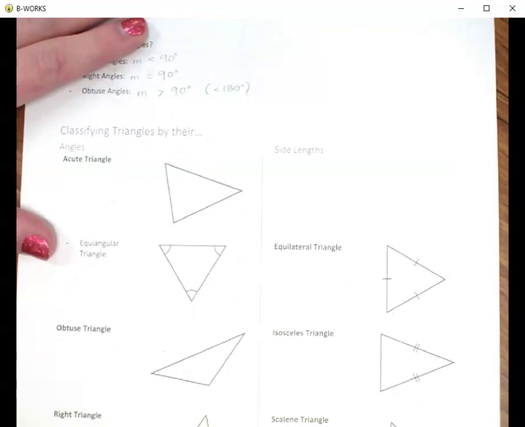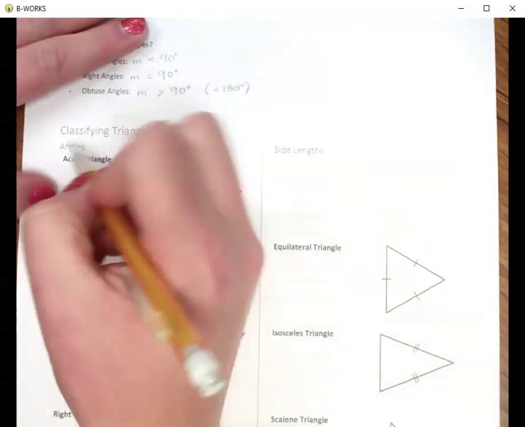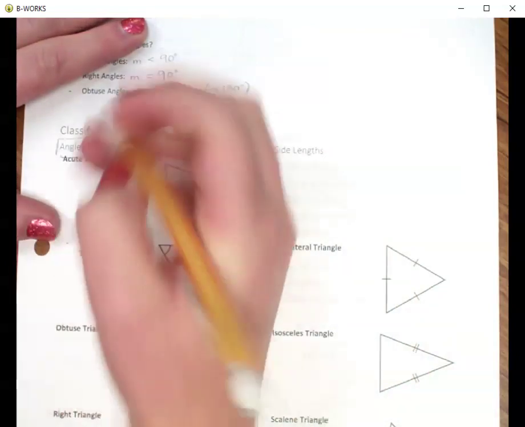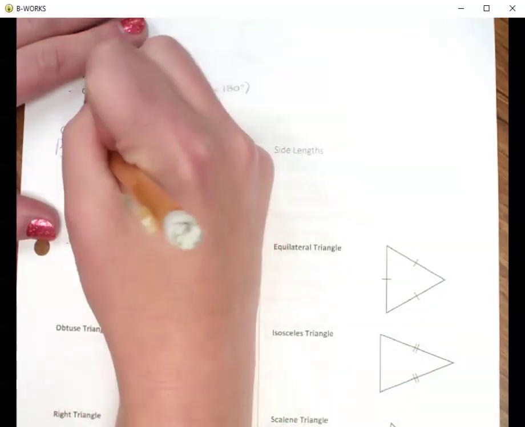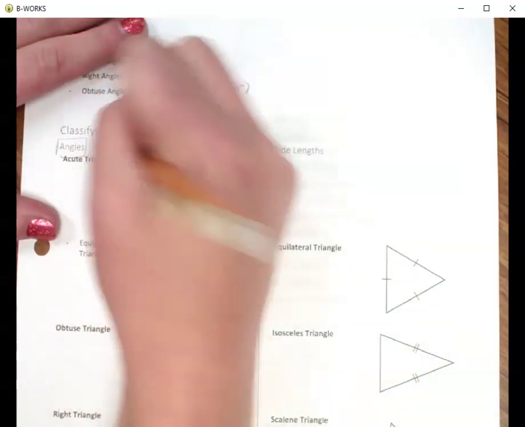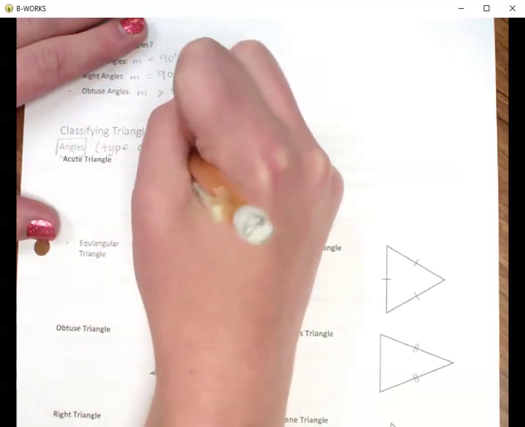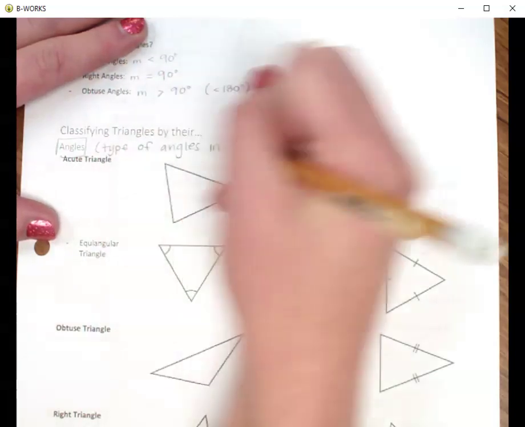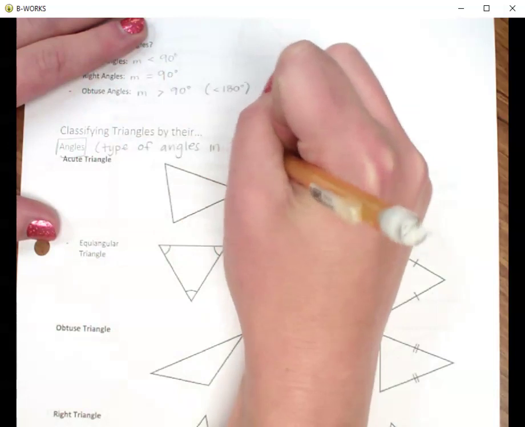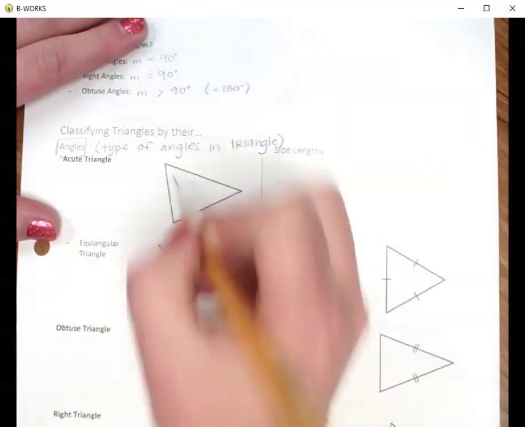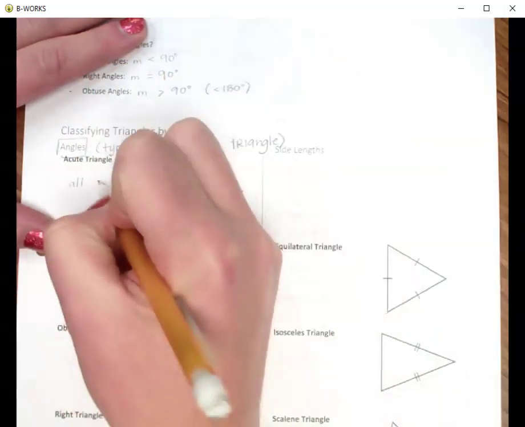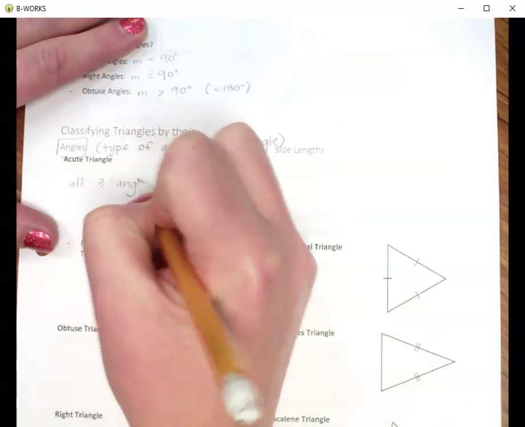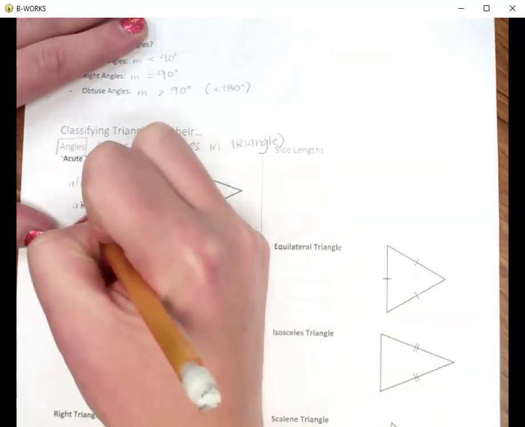The first way is by their angles, and this is just the type of angles in the triangle. If all three angles are acute, that's called an acute triangle.